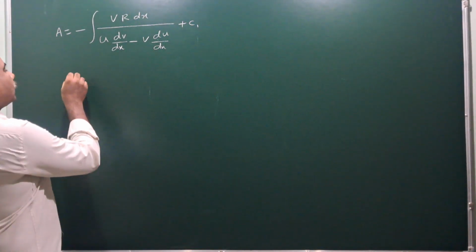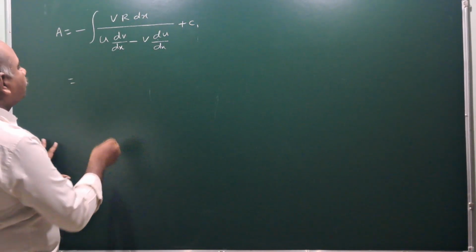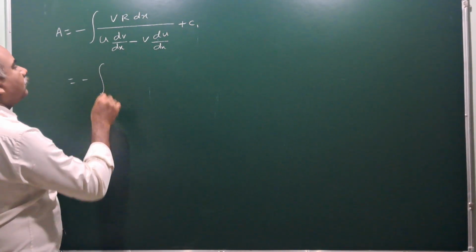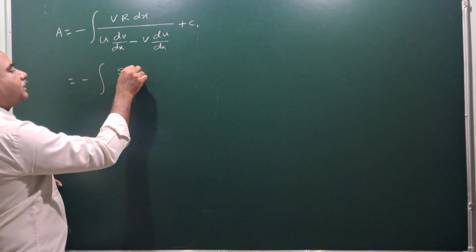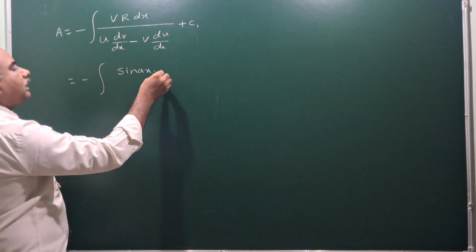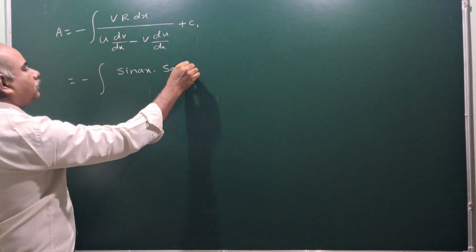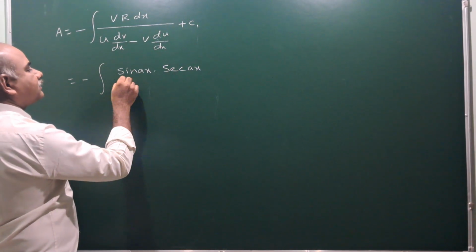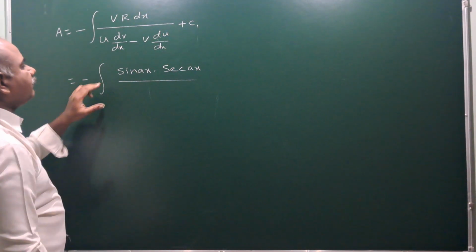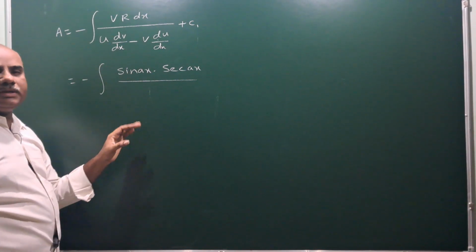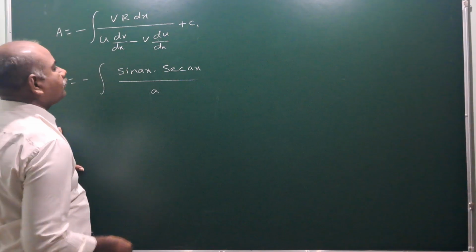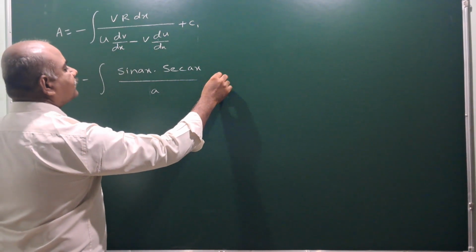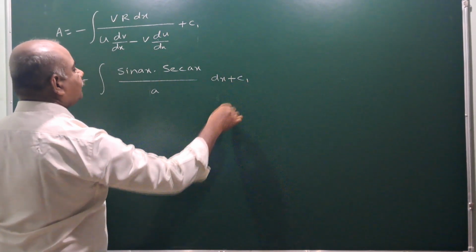Now substitute the values. Minus integral of v means sin ax, into r means sec ax, divided by u dv/dx − v du/dx, which has the value a, dx, plus c1.